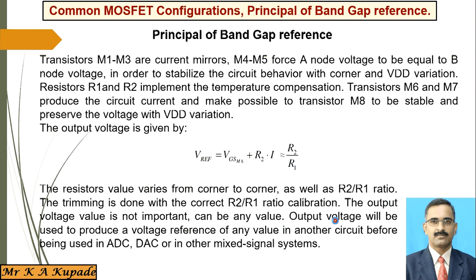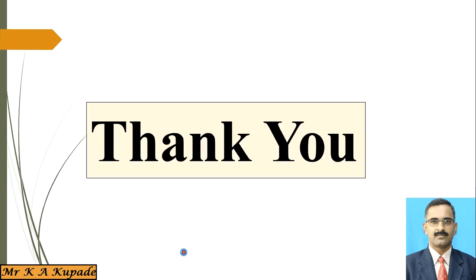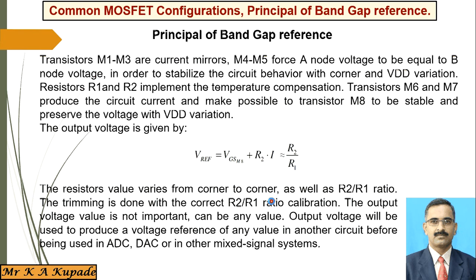The output voltage will be used to produce a voltage reference of any value in another circuit, before being used in either an analog to digital converter or digital to analog conversion, or in any auxiliary mixed signal system. So you can see the concept of this band gap reference voltage.